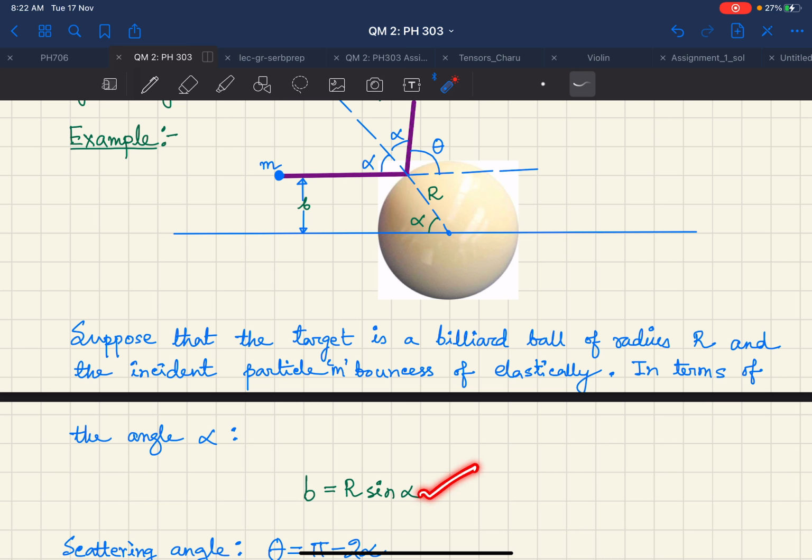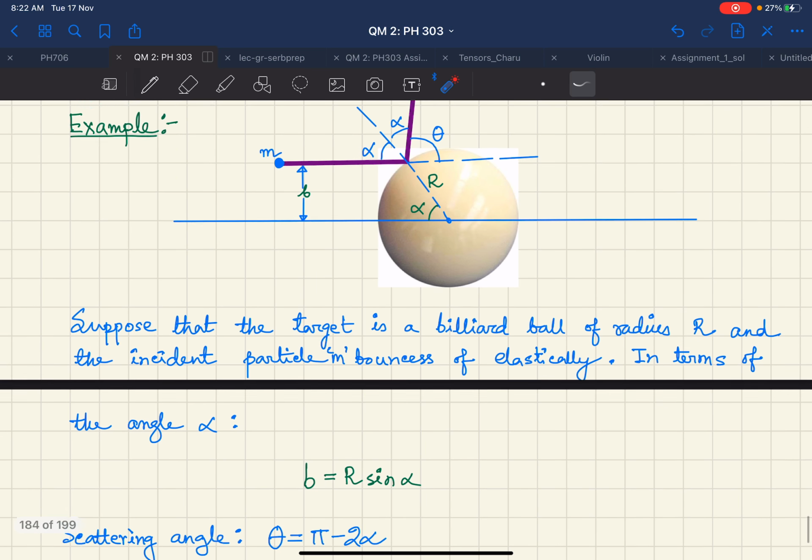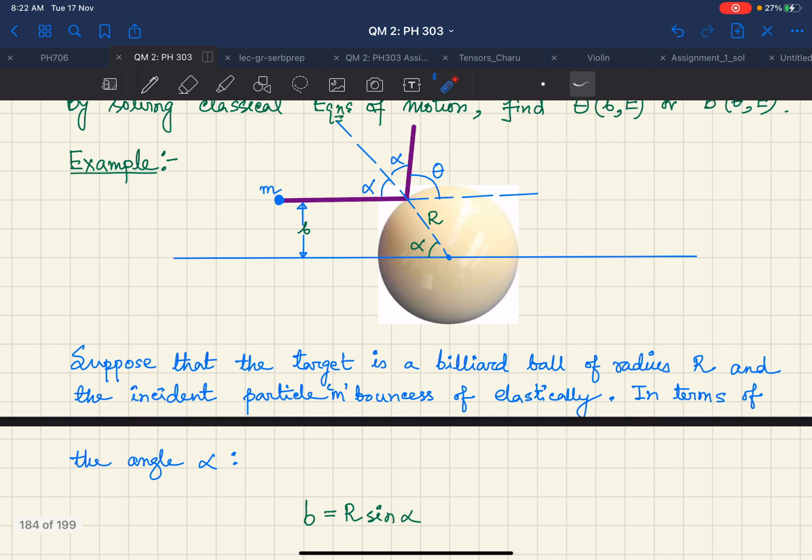So your b is r sine alpha, and the scattering angle obviously is this, because if this ball was not there, then this would be the outgoing trajectory, and this is your incoming trajectory. So this is the change in the trajectory.